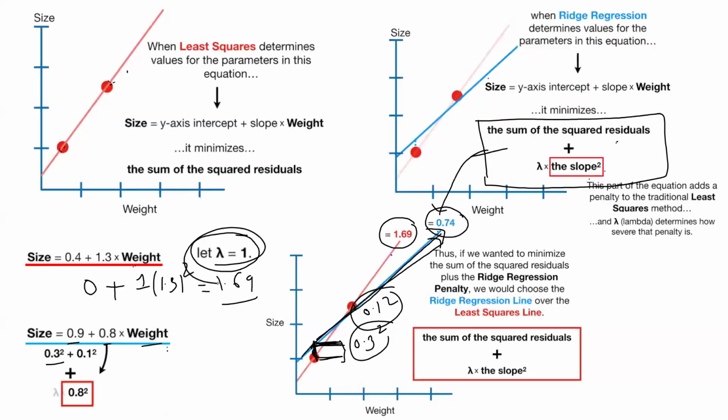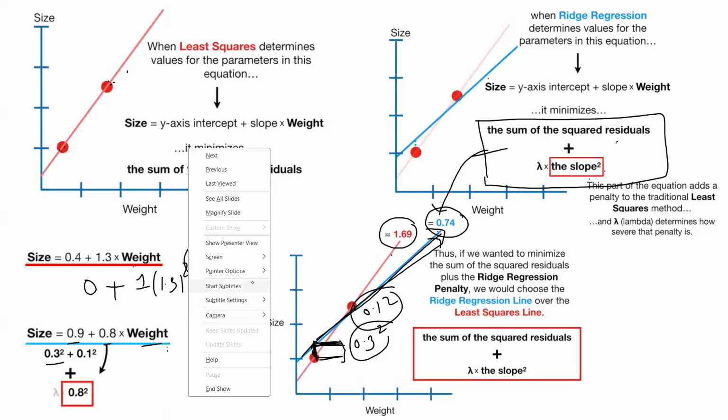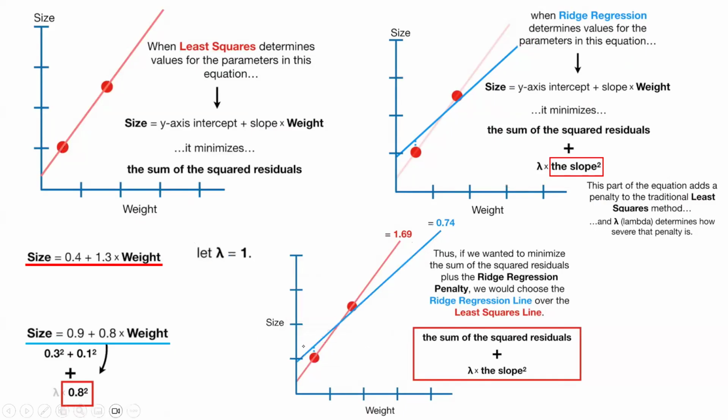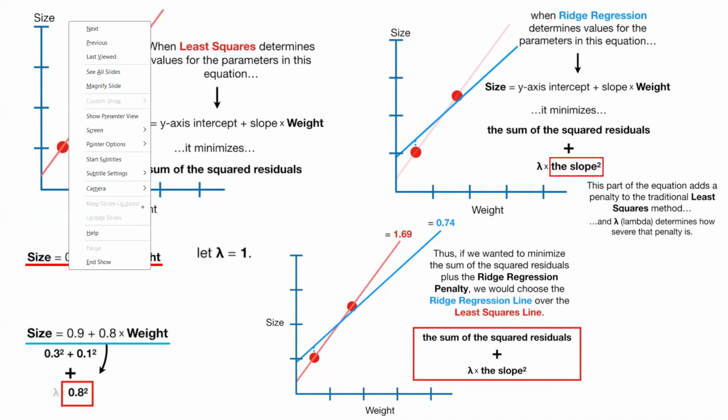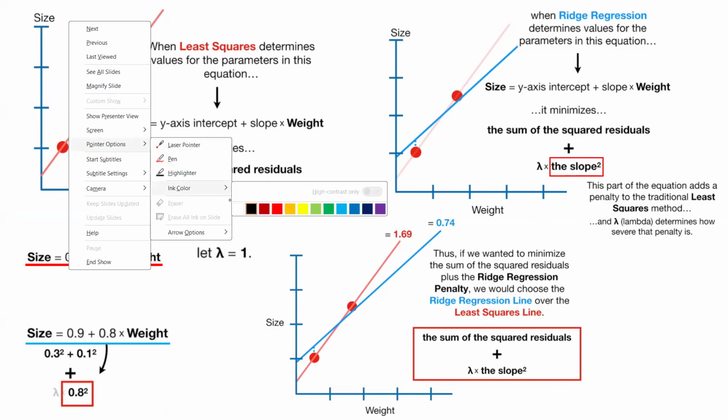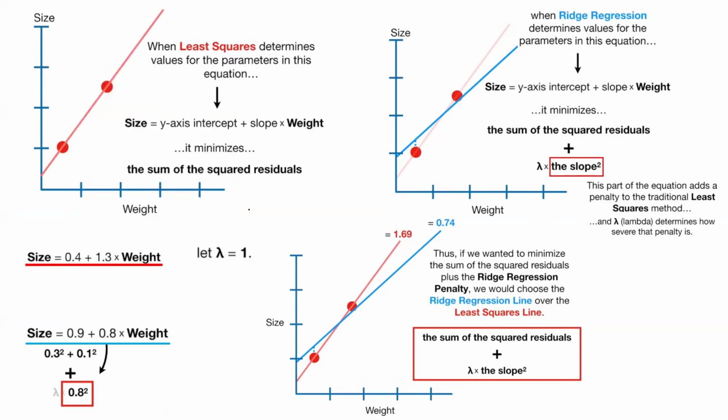Just look at these two lines. The slope of this line is 0.8, and the slope of the other line is 1.3. That means the overfitted slope is greater than this slope.